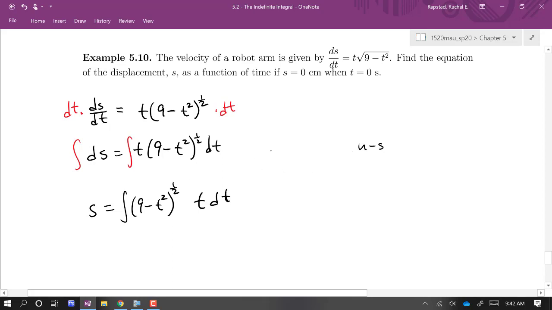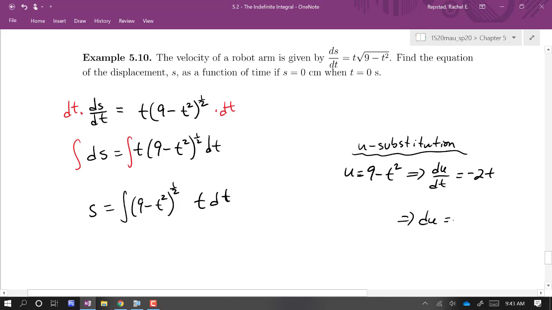I'm going to let that be our U. So we'll let U equal 9 minus t squared. And that means that du/dt, just finding the derivative, is negative 2t, or du is negative 2t dt.